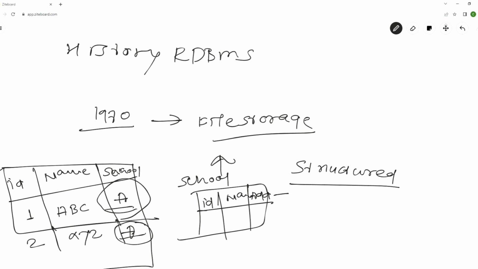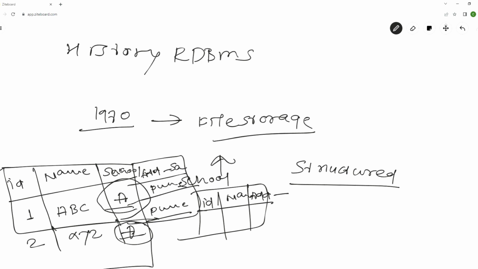Instead of adding all the fields of the school in the student table, like the address of the school, which, if the address of the school is Pune, means for both records we are saving the same data again and again, the school name and address, and if there are multiple fields for the school, then those fields also. So we are storing duplicate data.